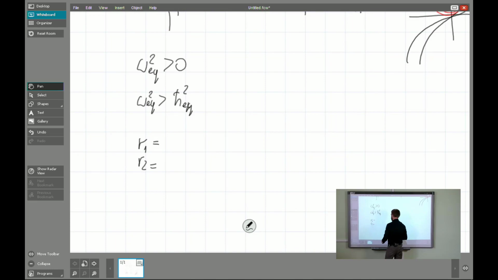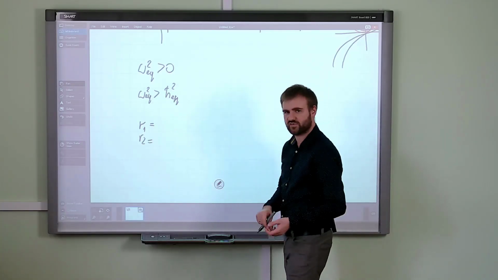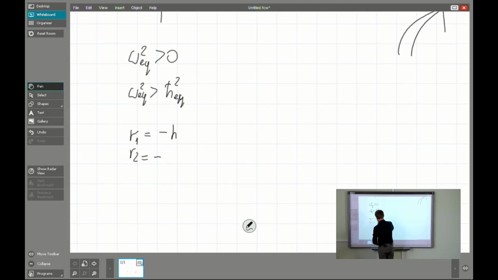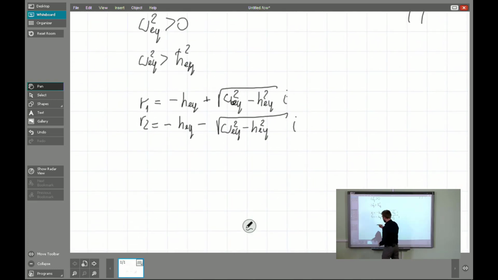We remember from the previous videos about free vibration of the single degree of freedom system that in such a situation we can express the roots as minus h equivalent plus or minus the square root of omega equivalent squared minus h equivalent squared times the imaginary unit. It is the same situation here.